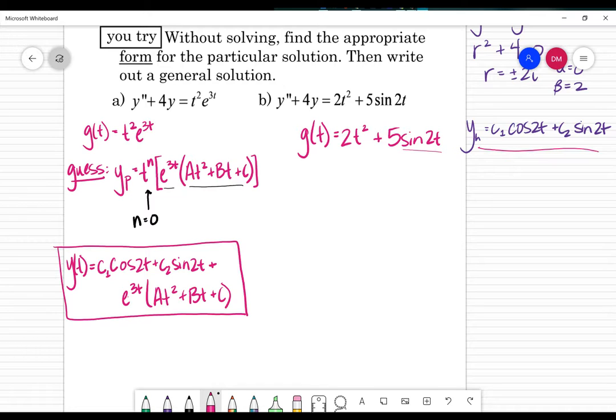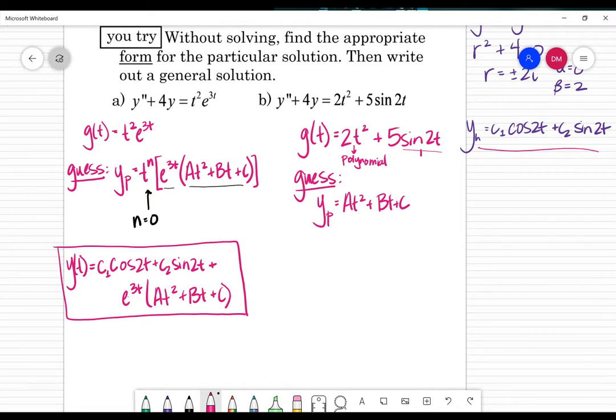So whenever there's a sum, this is actually a little bit easier. For my guess, I sum my guesses. So I kind of treat them as two individual g of t's almost. I'm going to take the polynomial portion and include a quadratic polynomial guess. So for y sub p, I'm going to include a t squared plus bt plus c.